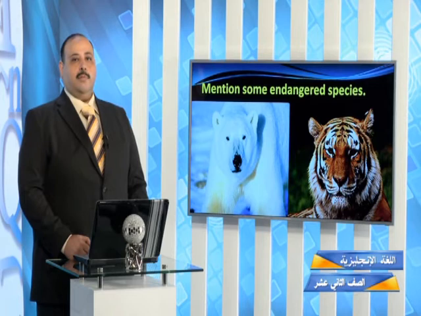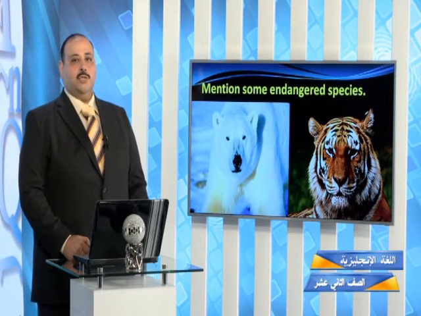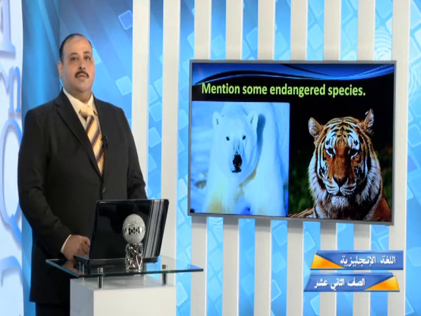Well, the two animals used to be numerous. I mean, we used to have a lot of them. They were in large numbers. But now, their number is decreasing. And maybe one day, if we don't really pay attention to them, they will become extinct and they will be decreased to have nothing on our planet Earth.